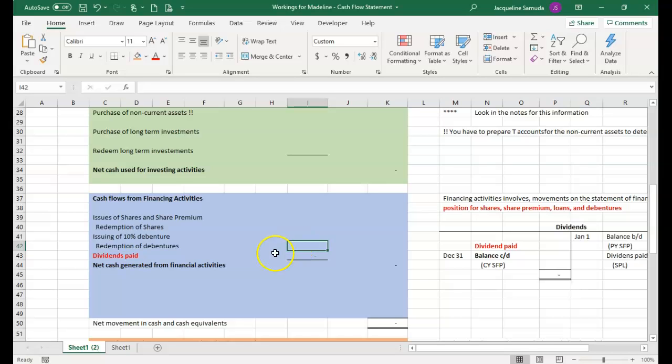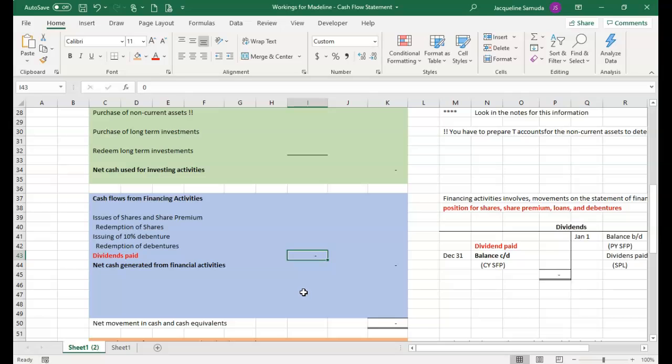And the last line item in this section is the payout of dividends. So the dividends being paid out will have to be an outflow, and the figure from that will have to be bracketed to show that it is an outflow.